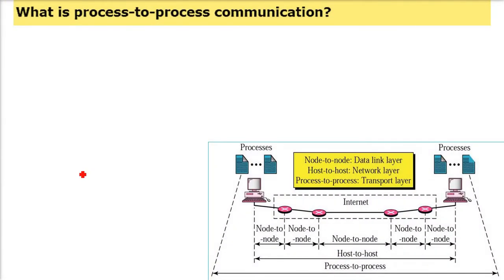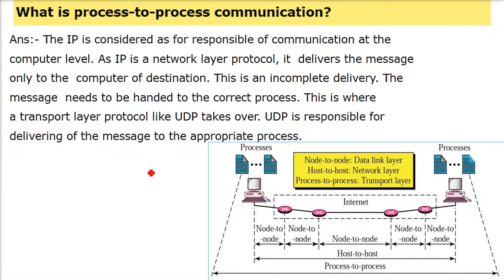What is process-to-process communication? See, let me tell you what processes are. Whenever you open the operating system on your computer, whenever you open a certain application like Microsoft Word, that is a service basically. That is a process.